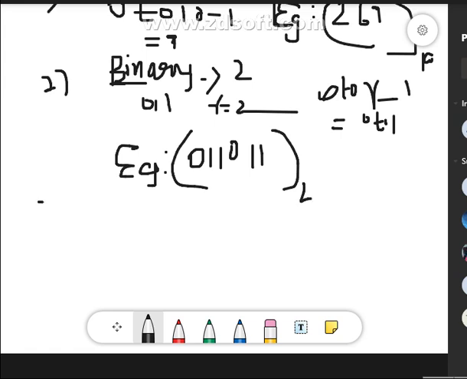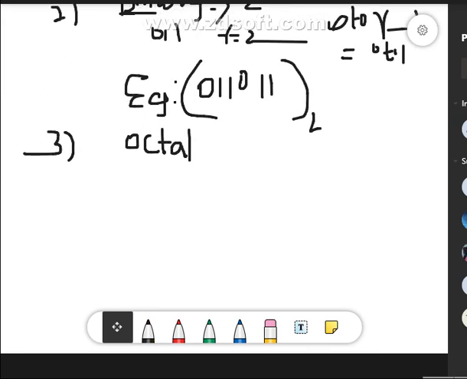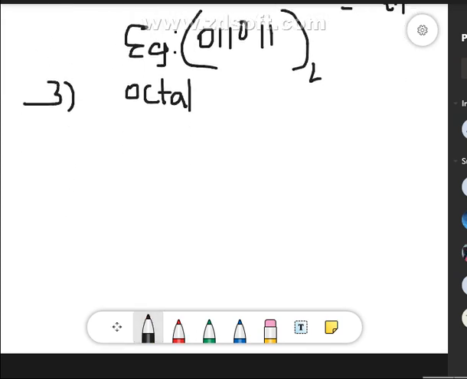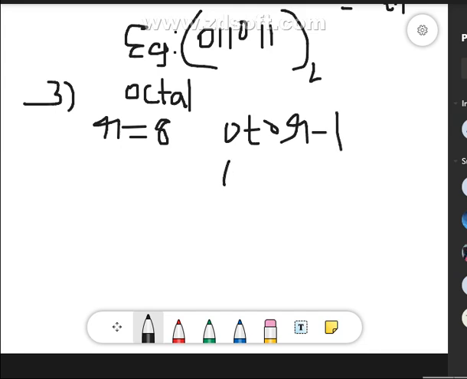The third one is the octal number system. Here the value r is 8. Octal means 8, so you have to use the values 0 to r minus 1, that is 0 to 8 minus 1, that is 0 to 7.